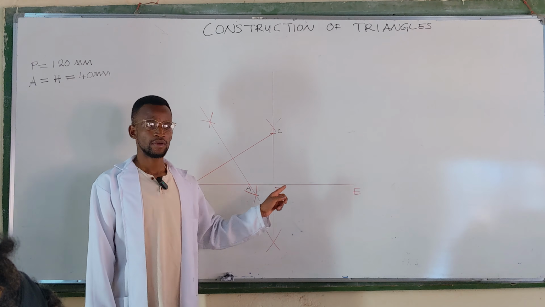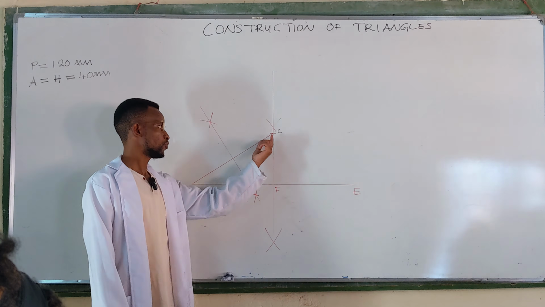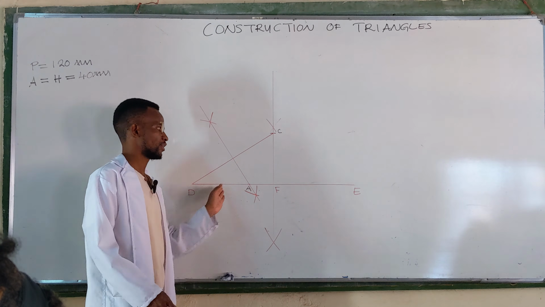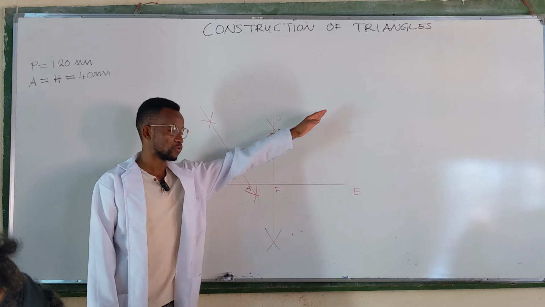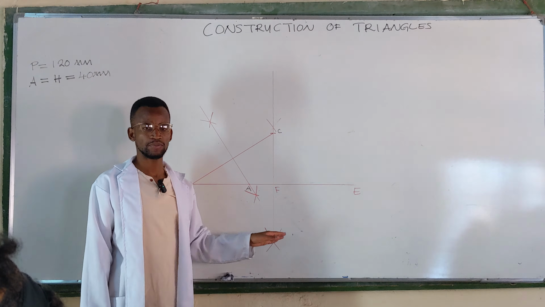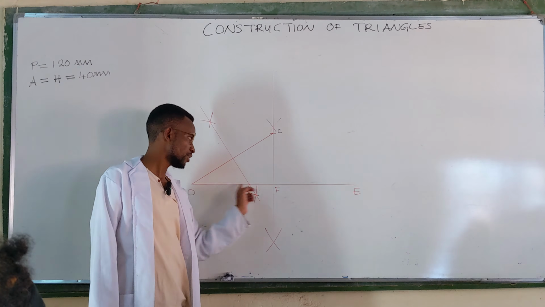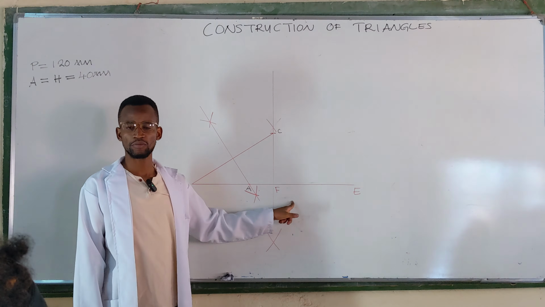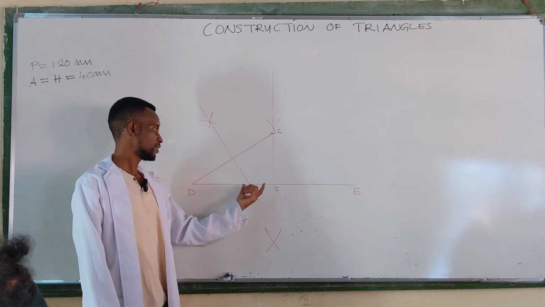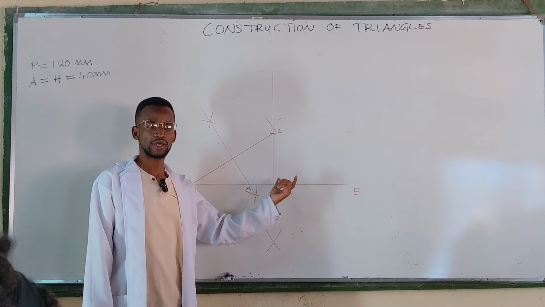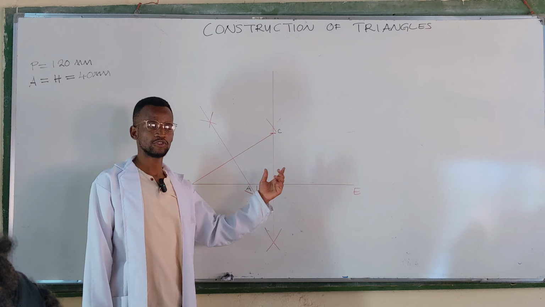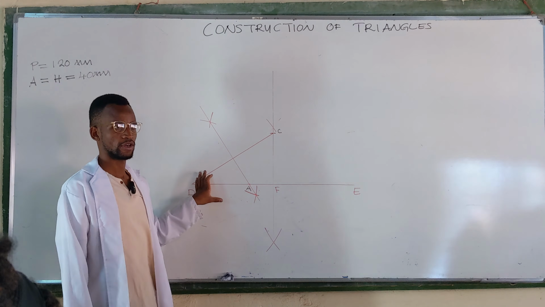Meaning, if we do what we did this side on the other side, we are going to come up with a line that will be cutting DE at some point, which we can call B. But since the distance from A to F should be the same as the distance from F to B, there is no need for us to do this.